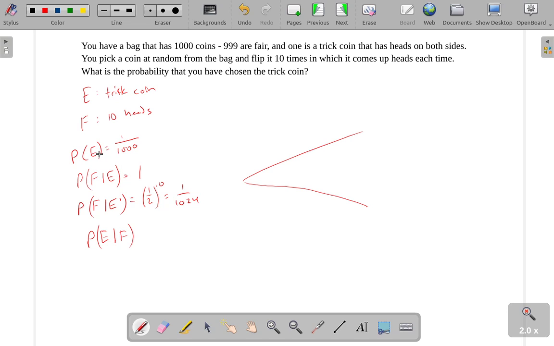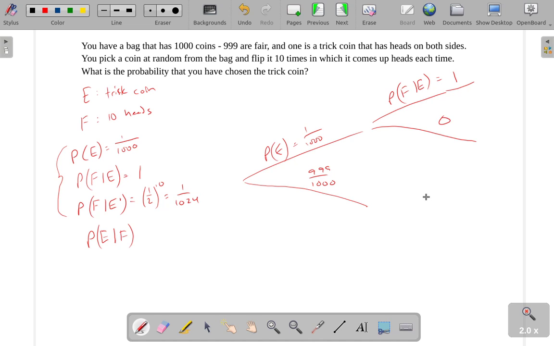All right, so given the pieces of information we have, we know the probability of E is 1 out of 1,000. And thus the probability of E complement down here would be 999 out of 1,000. If we have a trick coin, we know the probability of F given E would be 1.